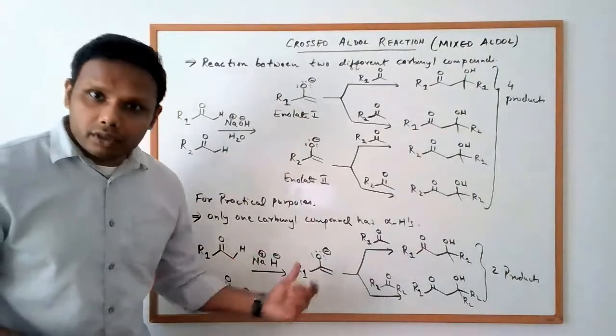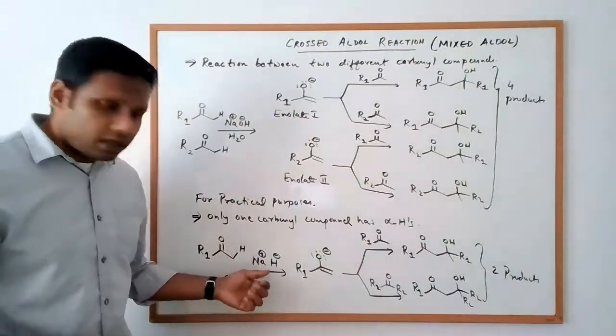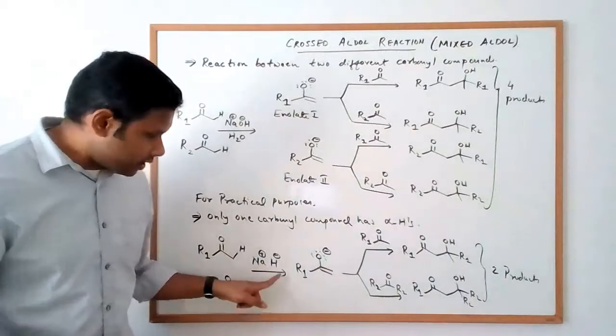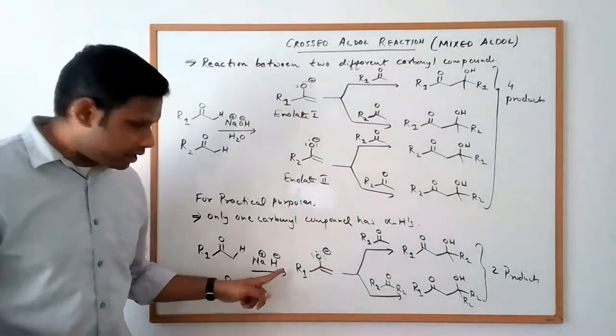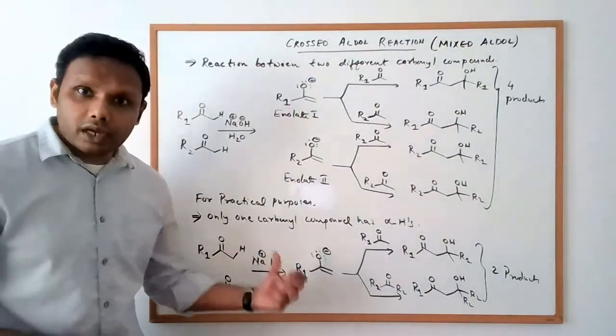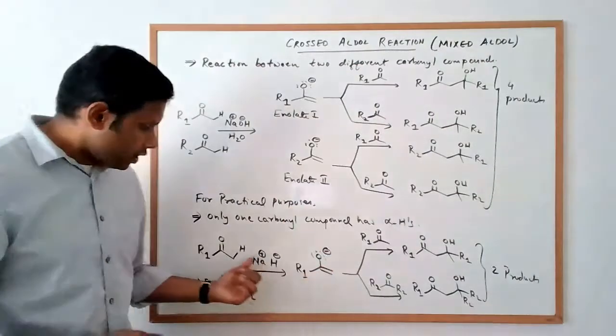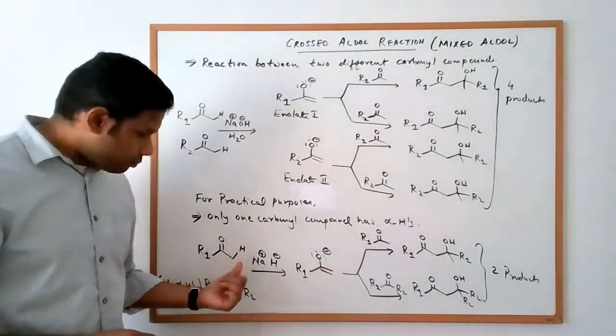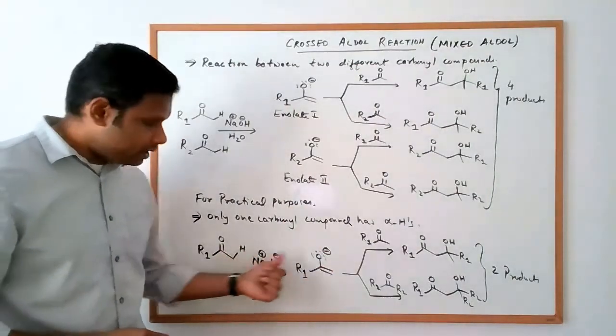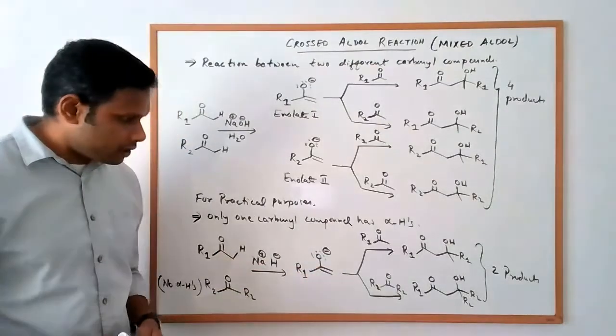There's no equilibrium there, okay? Part of the reason is that when your hydride deprotonates, it becomes hydrogen gas, and that just escapes. So you're able to completely convert your carbonyl compound into the enolate.